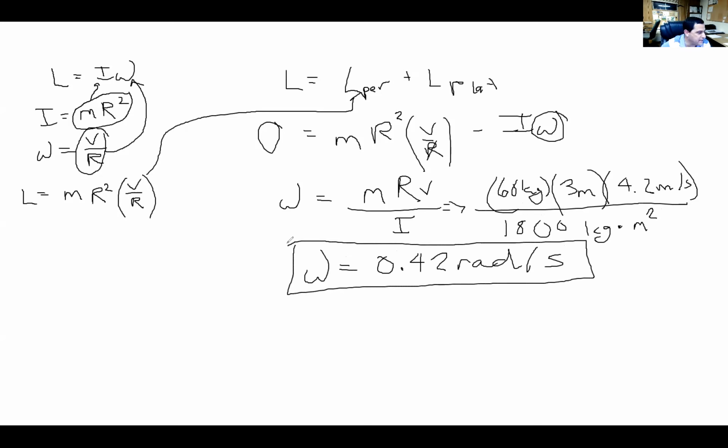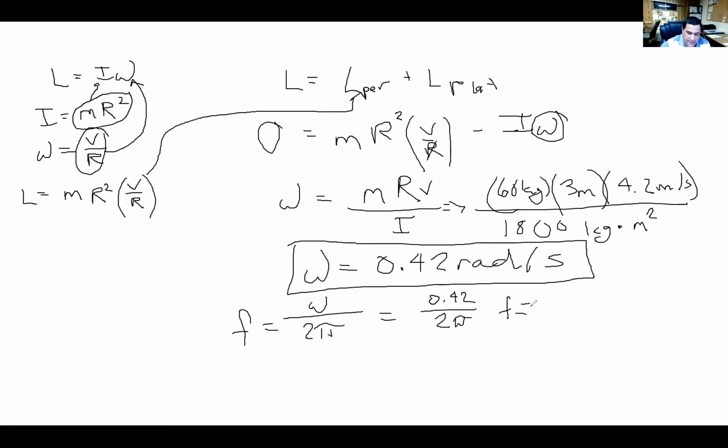And the problem asks, calculate the angular velocity of the platform. There's the angular velocity of the platform. Let's say I asked for revolutions per second. Well, frequency is angular velocity divided by 2 pi. So it would be 0.42 divided by 2 pi.